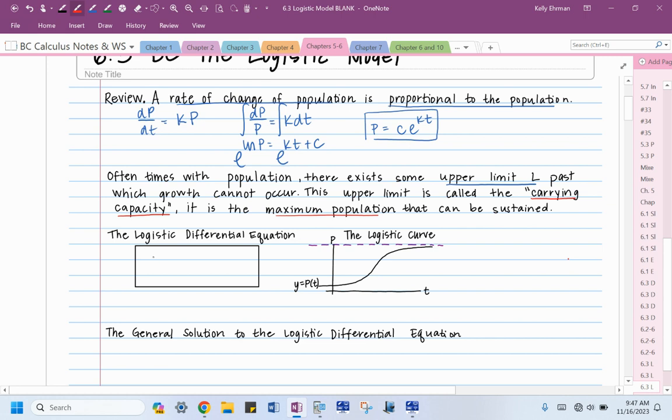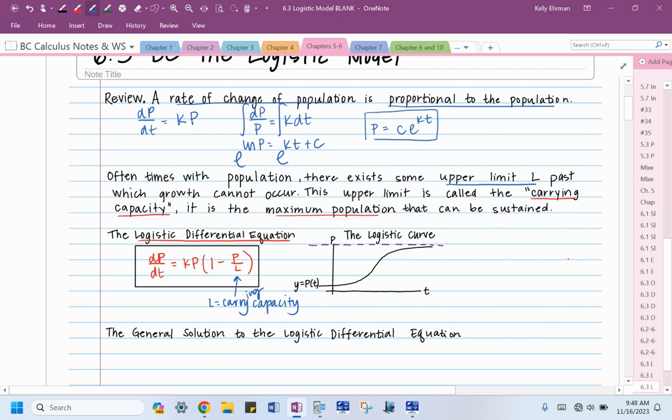So here's something to memorize, the format of the logistic differential equation: dP/dt is equal to k times P. So you've got something that's directly proportional to population, but it's also times 1 minus P over L. If you have something in this format, you can see that L is the carrying capacity, which means that L, that denominator there, is the highest value that the population can hit.